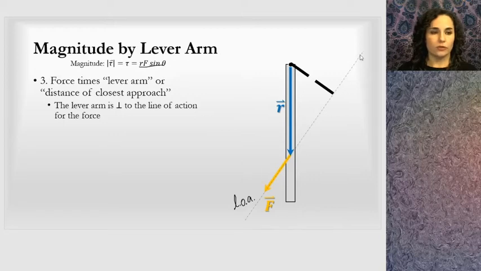Really long line through that line of action, and the lever arm is perpendicular to that line of action. So I've drawn that in here. This is a 90-degree angle right here, and so this is the lever arm.